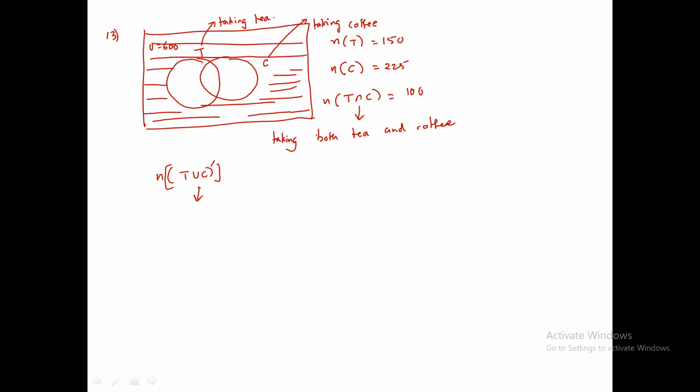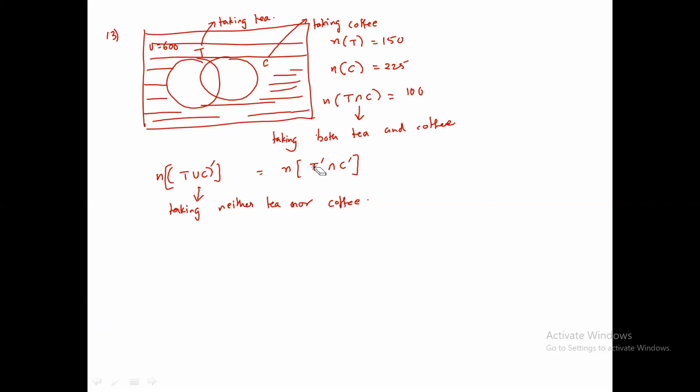This you have to find. How will you write it? (T union C) complement is T complement intersection C complement. Now how will you find the number of students in T complement intersection C complement? This is very difficult to find.